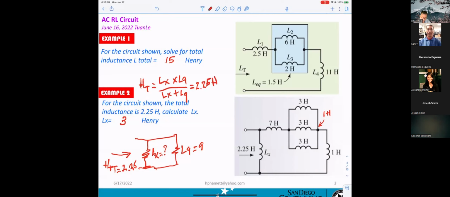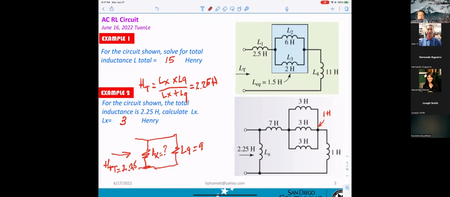From that formula, you need to calculate the LX. Yeah, I also got 3. LX is 3 Henry. Okay, one student already gave me 3 before. That's the correct answer.